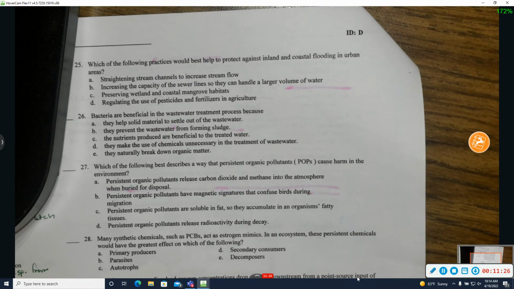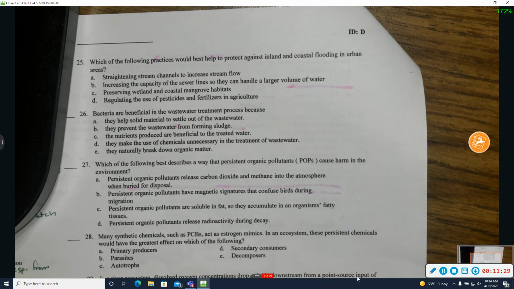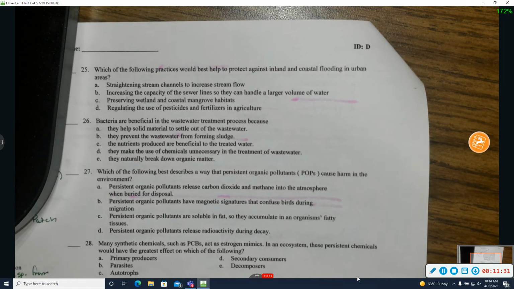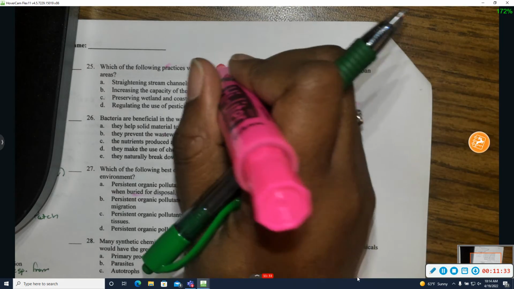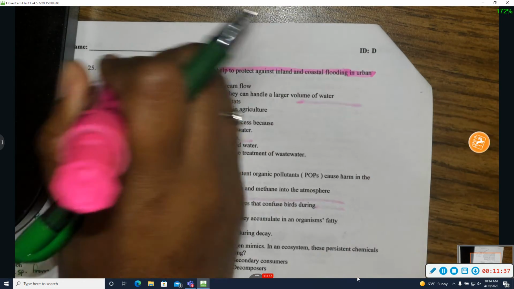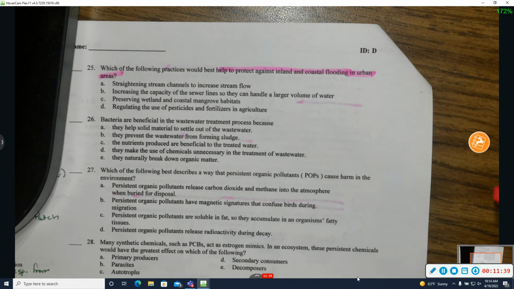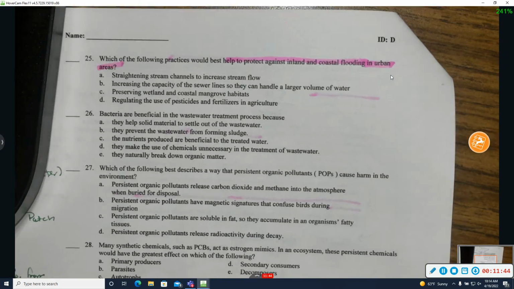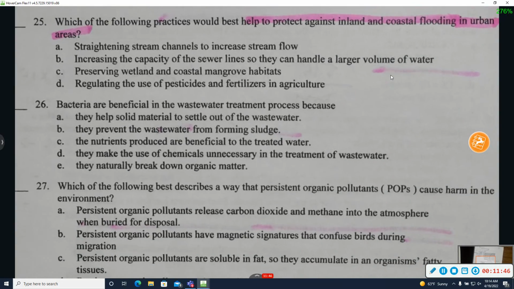Moving on, number 25. Which would help best to protect against inland and coastal flooding in urban areas? Well, wetlands. So wetlands, that is their ecosystem service, that they protect the coastal areas.